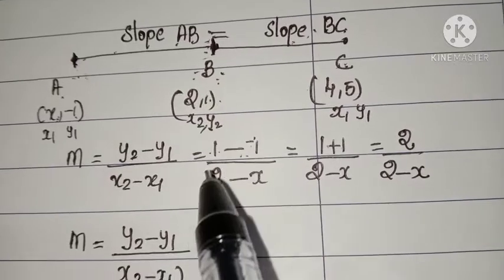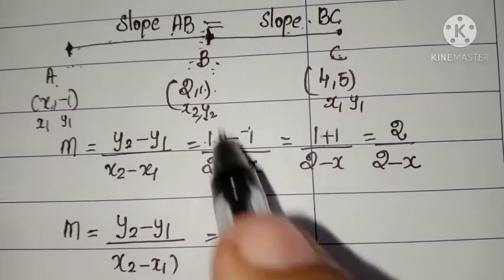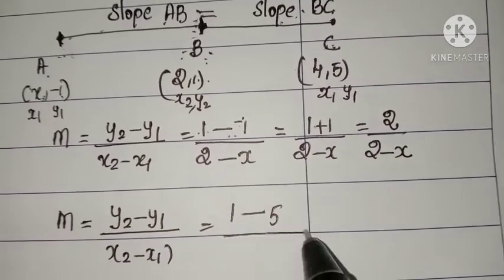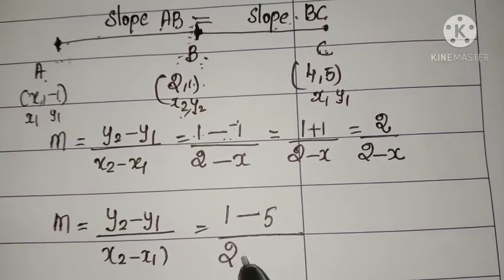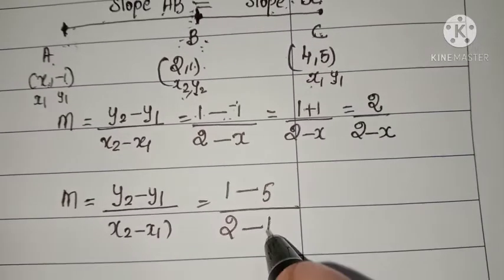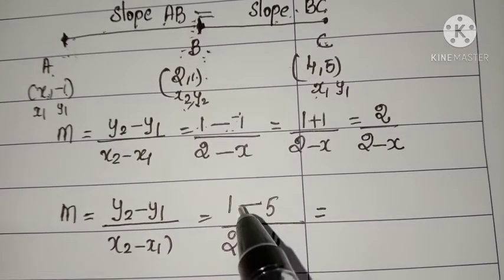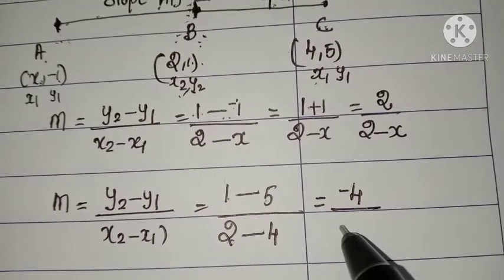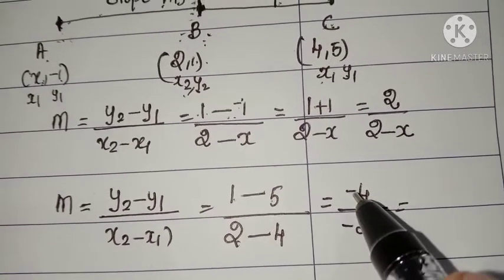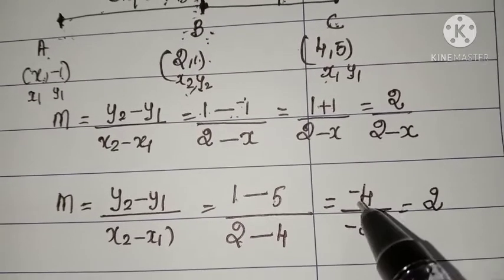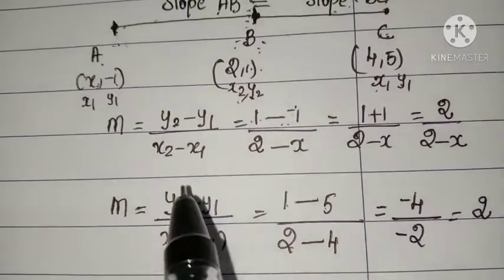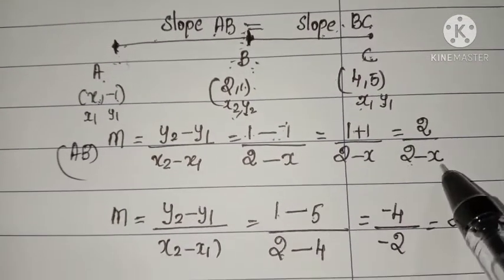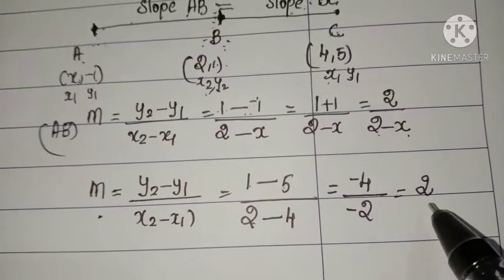Now find y2. y2 is 1, minus y1, 5, divided by x2, 2, minus x1, 4. Now simplify: 1 minus 5 is minus 4, 2 minus 4 is minus 2, that is 4 by 2, 2. Negative can be cancelled. So slope of AB is 2 by 2 minus x. Slope of BC is 2.